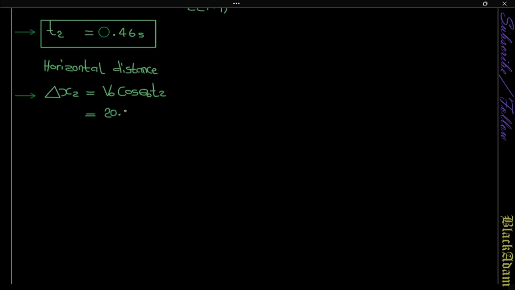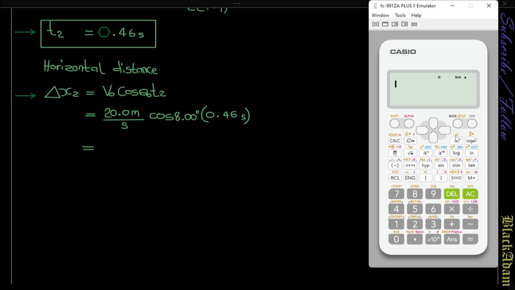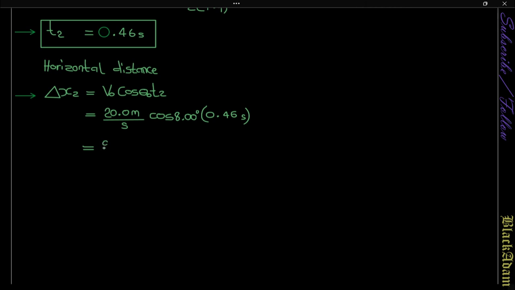So that's 20 meters per second multiplied by cos 8 degrees, and then multiplied by 0.46 seconds. And once again, 20 times cos 8 times 0.46 is 9.11. So it's going to cover 9.11 meters, because it took longer, the time is 0.46.